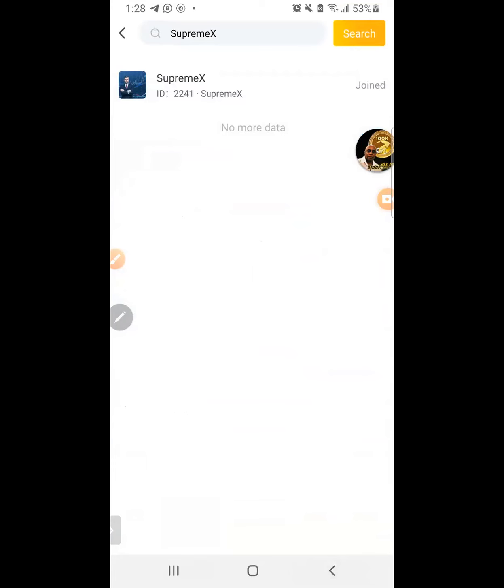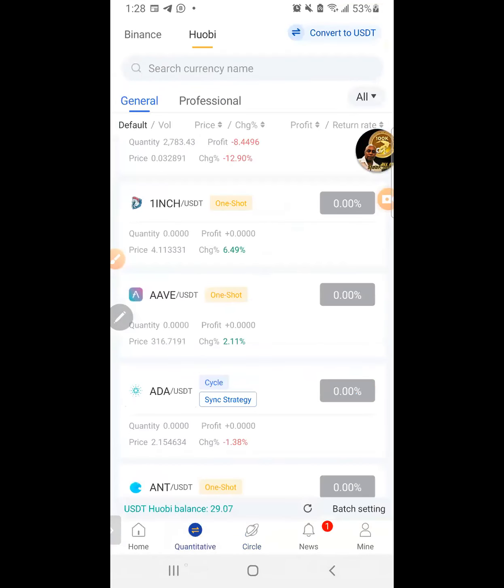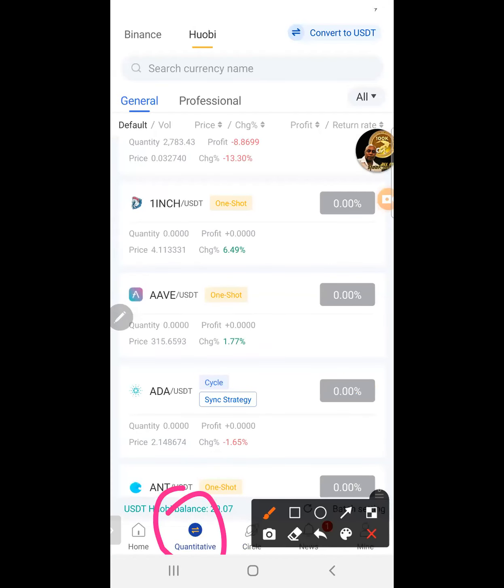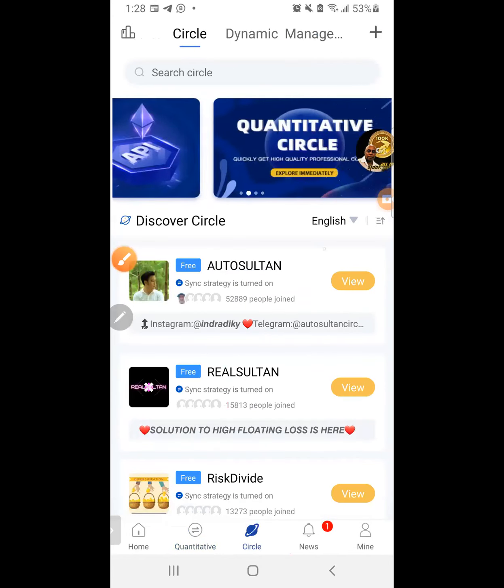Now, all you need to do is go to your bots. Once you go to your bots, click on quantitative. Click on quantitative here. It will bring you to this portion, right? Now, once you get here, click on circle. And once you click on circle, it will bring you to this portion.